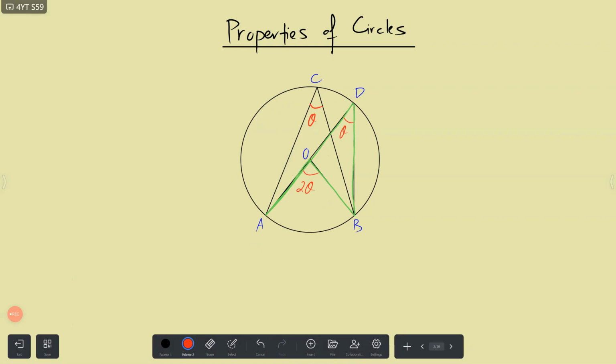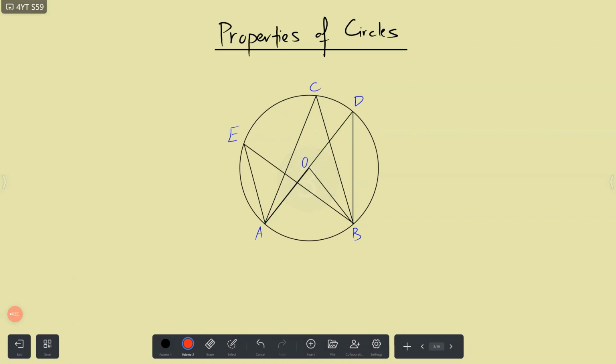Okay, let's look at the third diagram. So this time around, we have another angle, AEB. So previously we have this angle, which is 2 theta. This one is theta. This one is also theta.